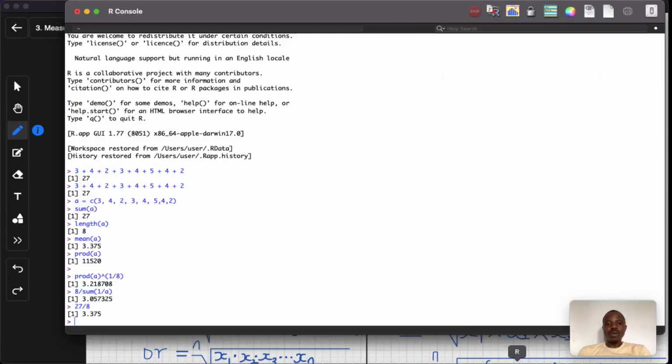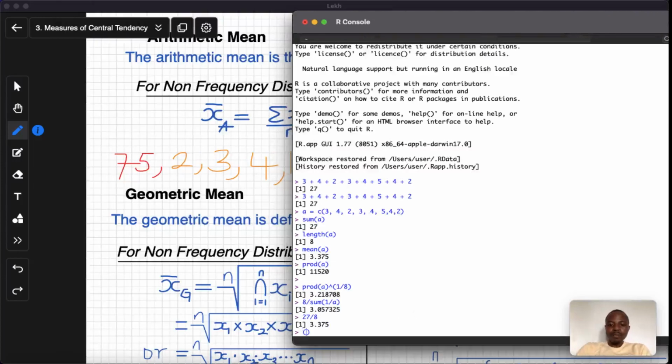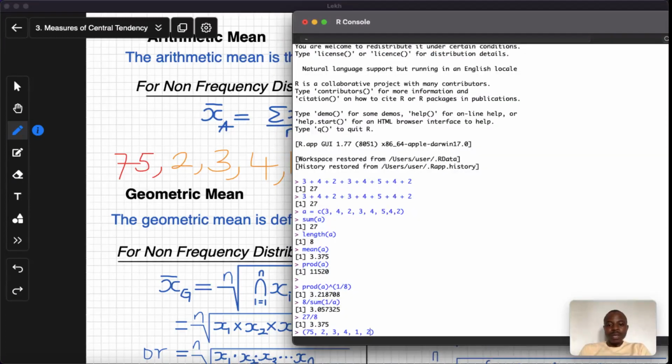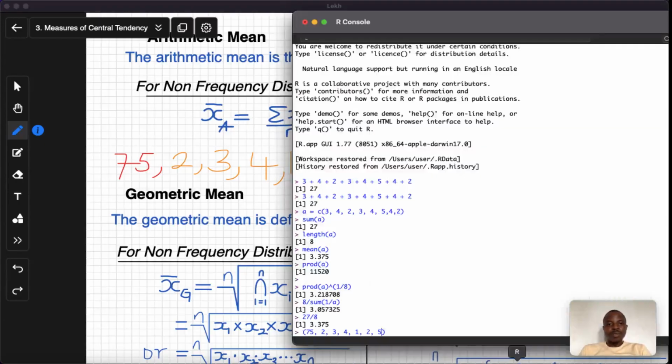Now, if you do a small calculation on that, you want to get the mean. We originally found the arithmetic mean to be 3 point something. Now that we want to find the mean of this, we will get something larger.